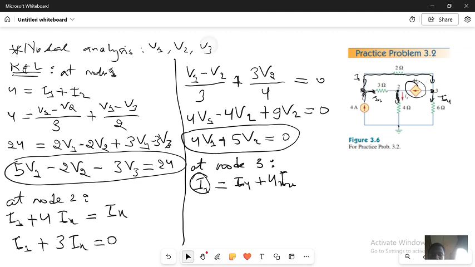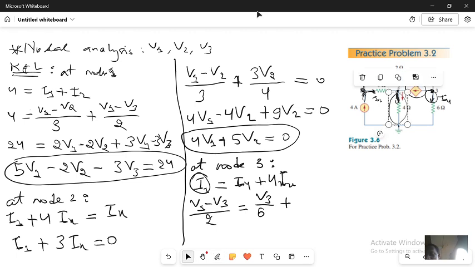Now I1, to determine the value as I did in this one, is V1 minus V3. So now V1 minus V3 divided by 2 equal I4. I4 is going to be V3 minus 0, so it's V3 divided by 6. No need to put minus 0. Plus 4Ix. Ix equals what? It was equal V2 minus 0 divided by 4.